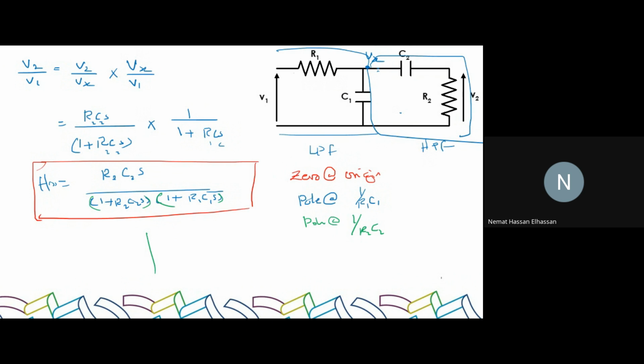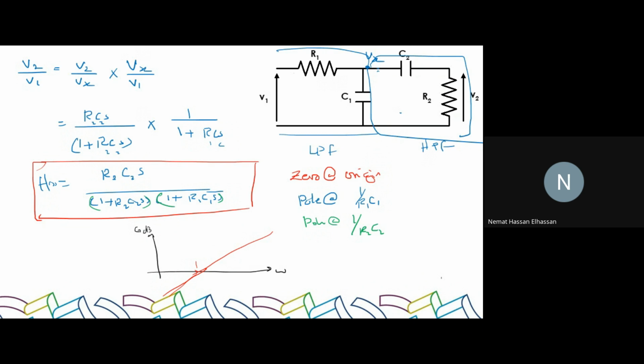Let's plot omega. Okay. So we have omega, we have gain in decibels. We can start with the zero at the origin. We said it's a special case of gradual increment, right?